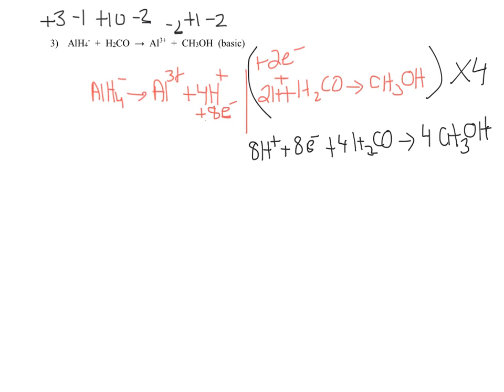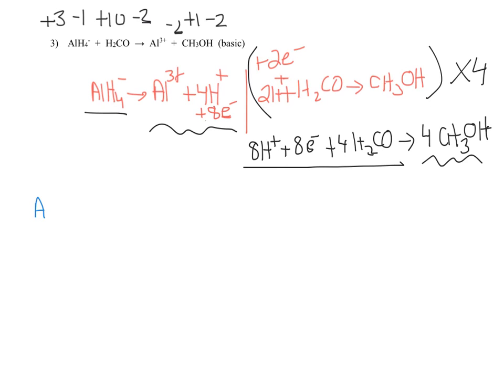Okay, step 7 says add both half reactions together and cancel any like terms. So that means add your reactants together, then an arrow, and then add your products. So let's do that.